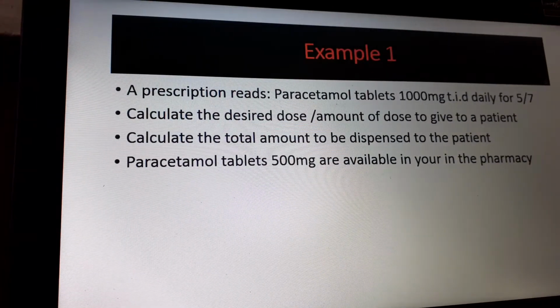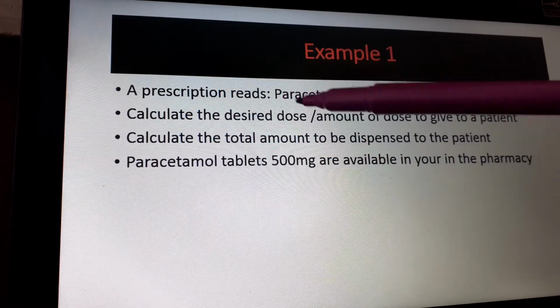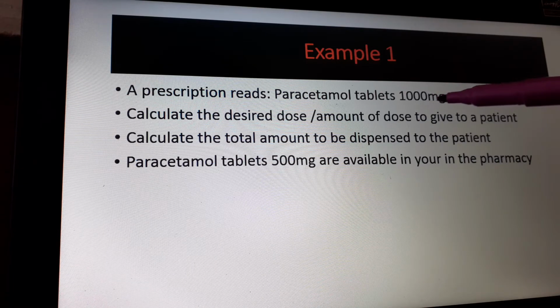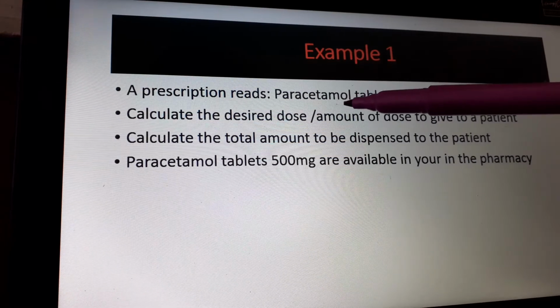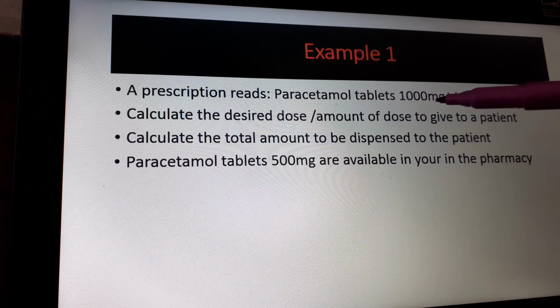Let's look at an example here. A prescription reads paracetamol tablets 1000 milligram TID daily for 5 days. So the prescription is paracetamol tablets. The dose is 1,000 milligram to be given 3 times a day for 5 days.